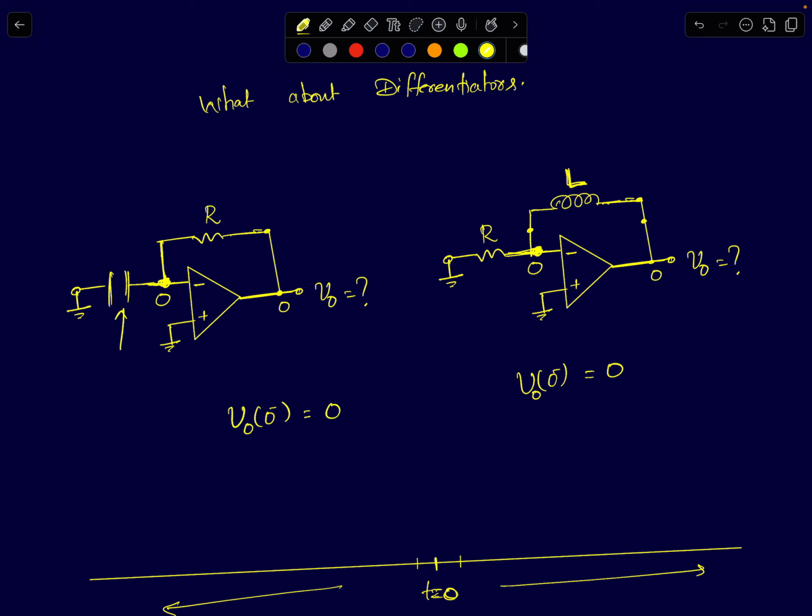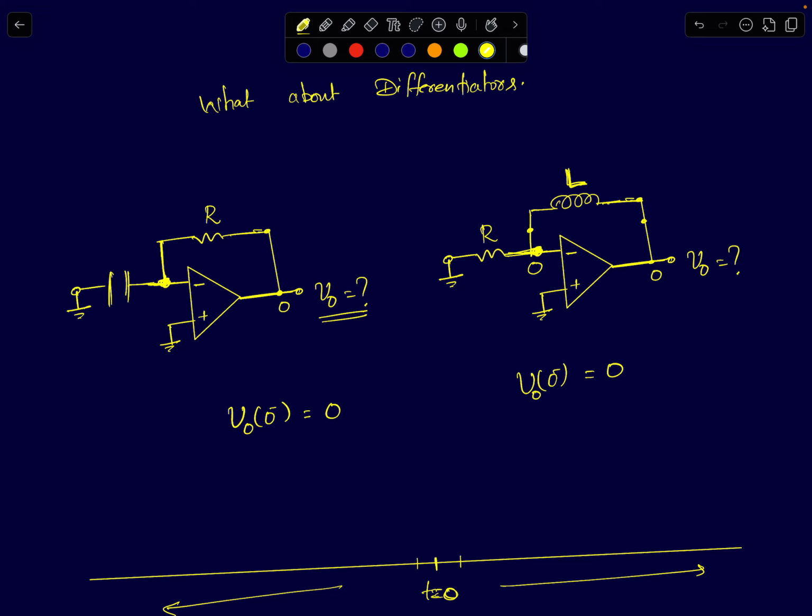Anytime there is a proper DC feedback in an op-amp based circuit, you can precisely predict what the output DC voltage will be.